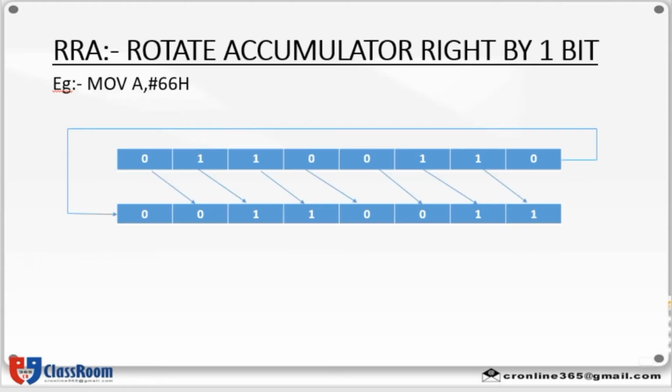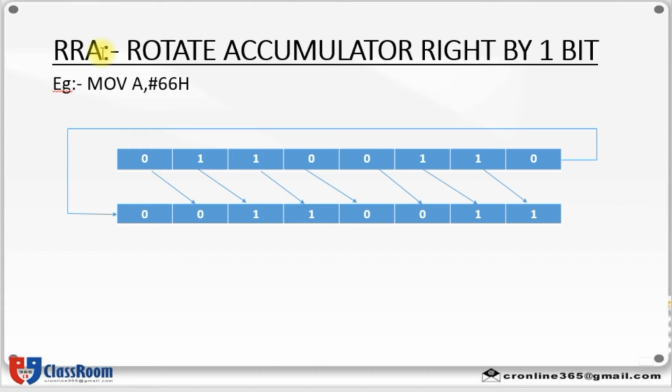Then third one is rotate accumulator right by 1 bit, which uses the instruction RRA. Rotate right accumulator. In rotate right, 8 bits of the accumulator are rotated right by 1 bit.